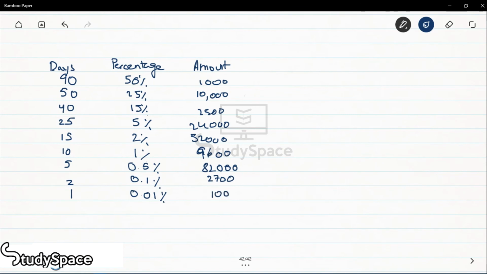So we will multiply the percentage by the amount to get the amount of bad debt that would be incurred, and then we would total it up to calculate the amount of bad debt that we have incurred in this particular year.